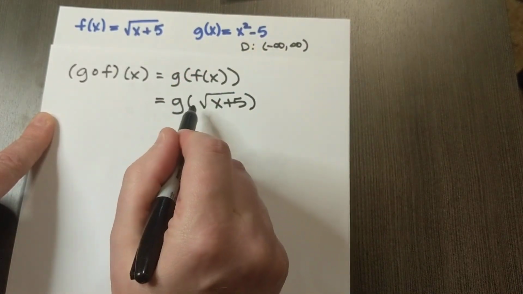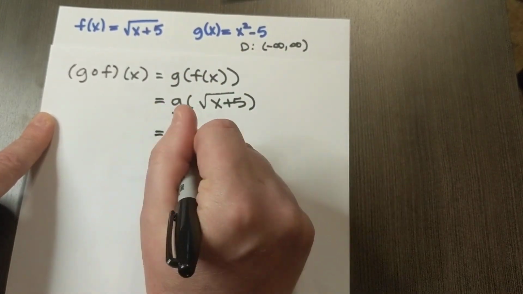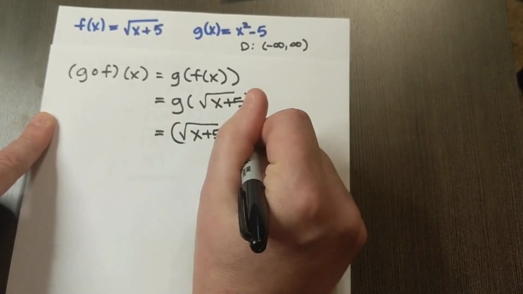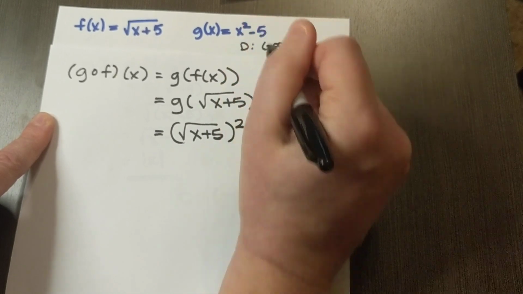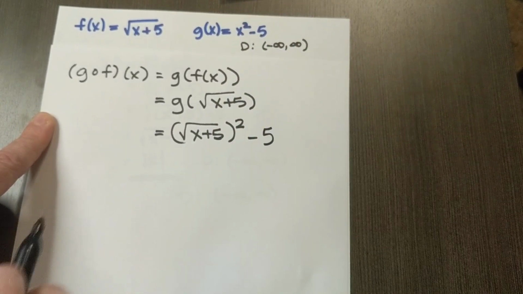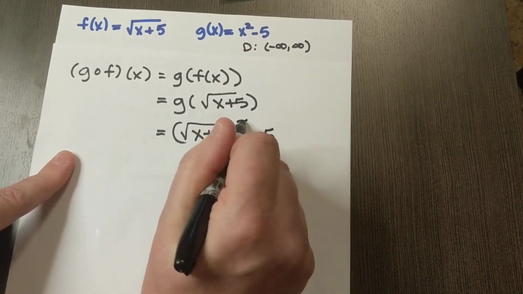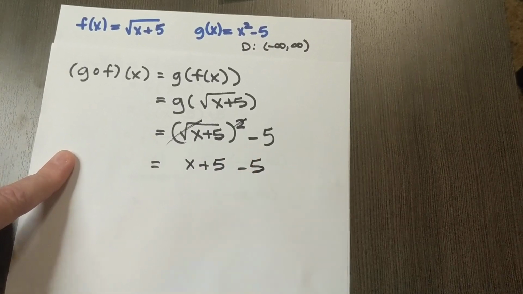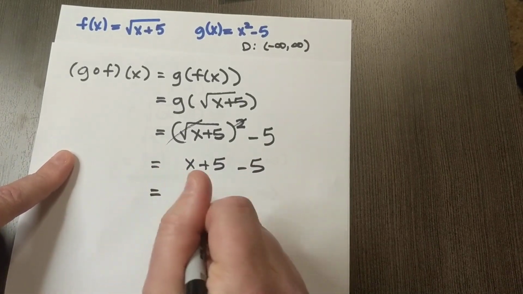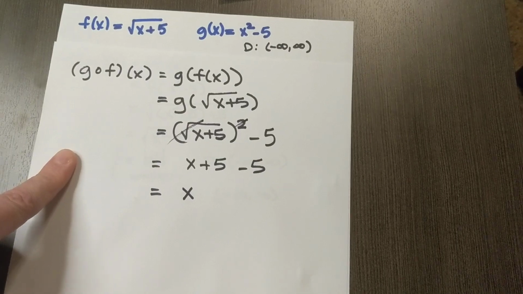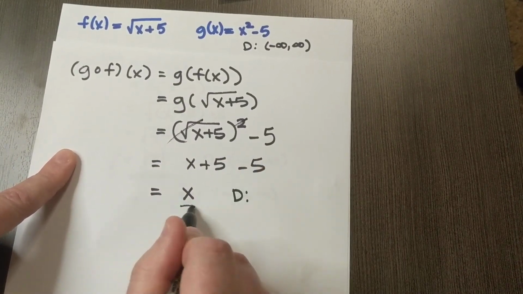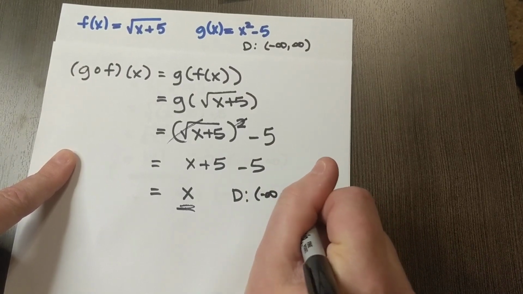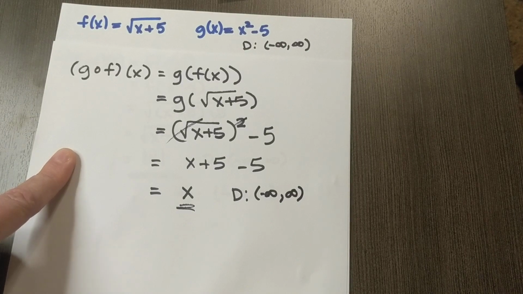So there's g up here, the square root goes in up there, so that would be the square root of x plus 5, squared, the squared's from up there, minus 5. The square root and the squared cancel out. We have x plus 5 minus 5. The 5s cancel out. That is just equal to x. Our domain for this x is just negative infinity to infinity. Every number works.